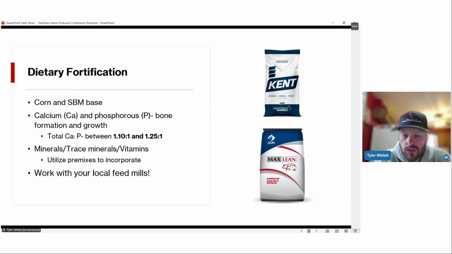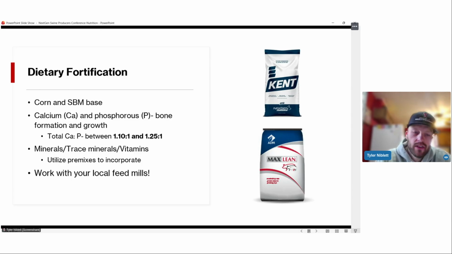So they are made for sows, sows in gestation and lactation. They're made for pigs anywhere from weaning all the way up to market weight. Some of them are multi-use, so you could use them in your breeding herd diets as well as your grow finish diets. The easiest way to go about this, if you have a large enough farm where you're mixing your own feed and you have that ability, would be to buy vitamin and mineral packs to completely fortify your diets, versus buying limestone in a bag and dicalcium phosphate in a bag.